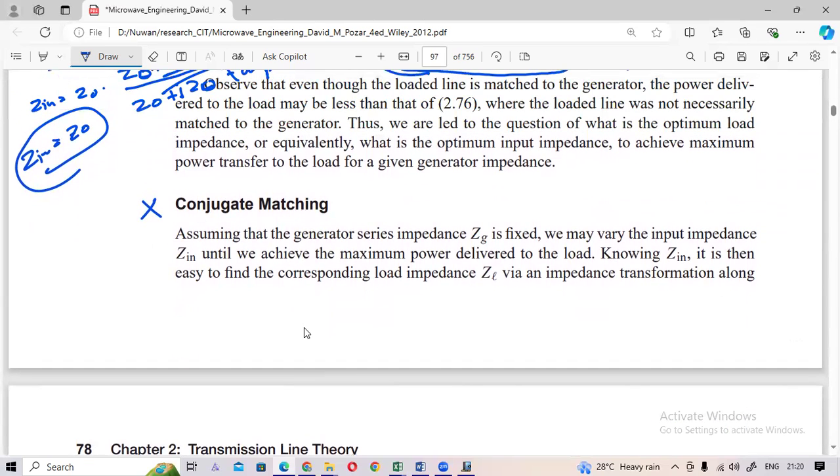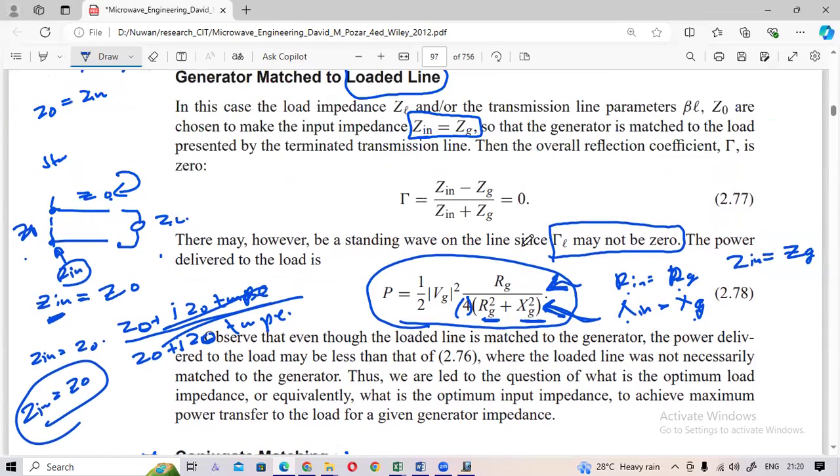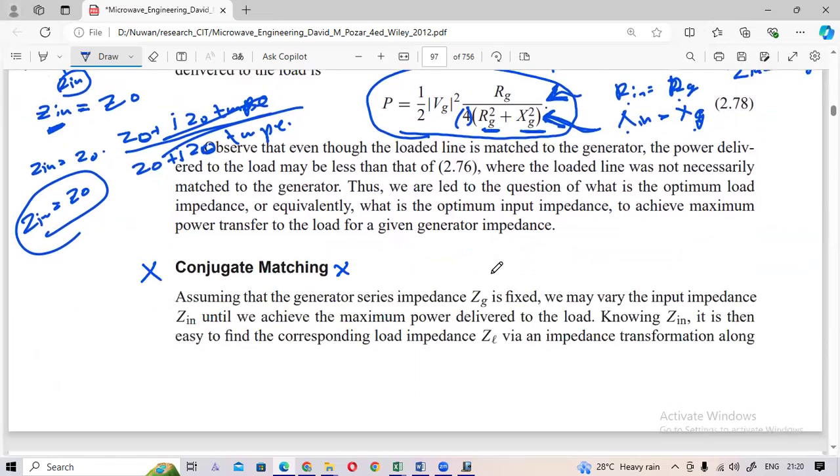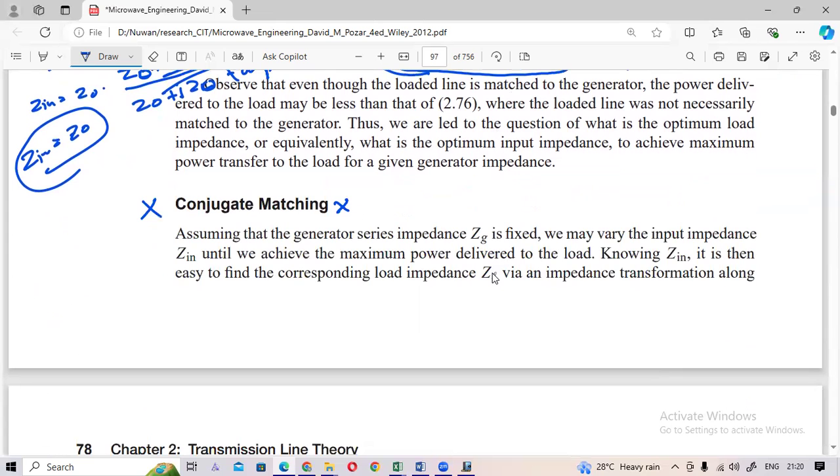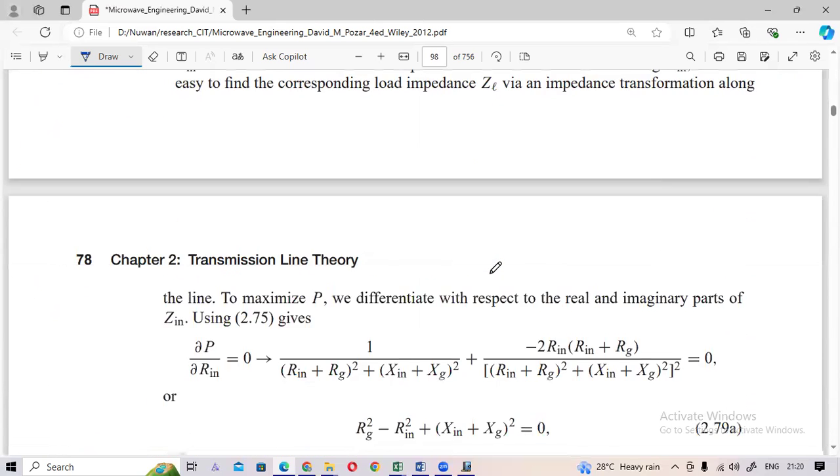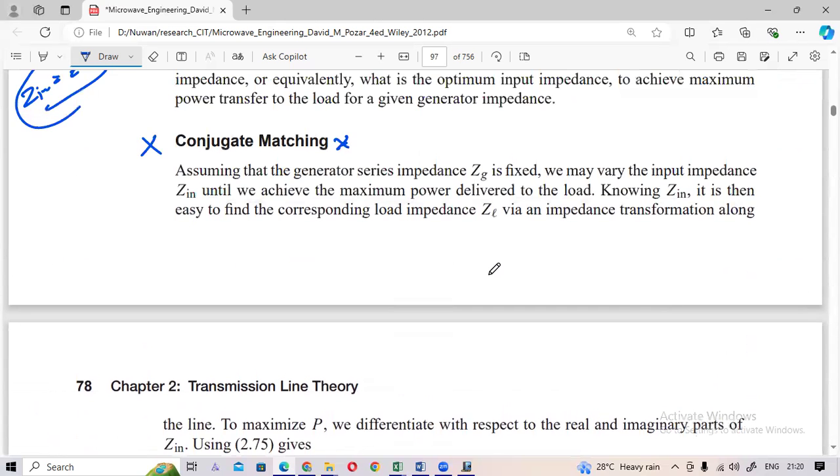And the conjugate, so here also there is a reflection. Now we are considering conjugate. Conjugate matching means we are matching the load and source. Here you have the source generator, and there is a loaded line, and there is a Z in, the input impedance.